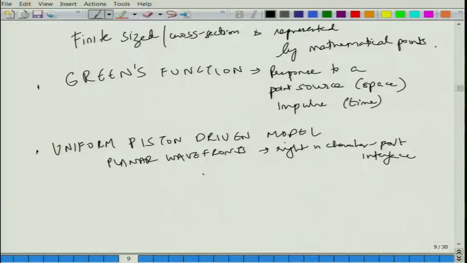Here of course modal coupling is not considered between the port and the chamber. That is one of the drawbacks of the piston driven model, but it still is much better than the Green's function or point source model, because we are representing the ports, considering the finite size and some sort of an average representation of the variation of the ports.